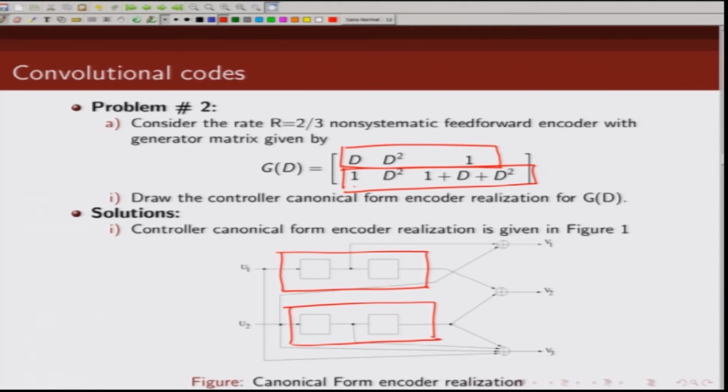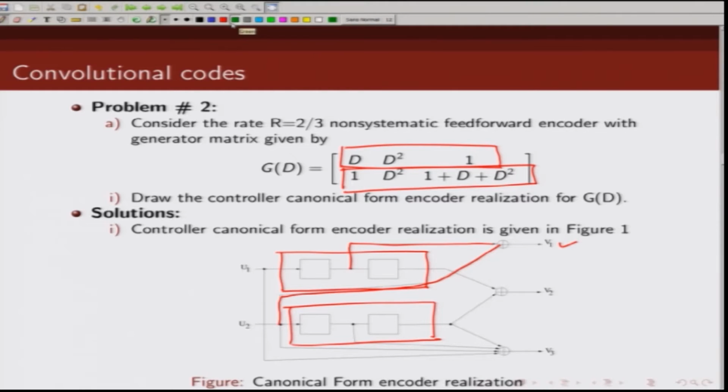Maximum memory element for the first one is 2, second one also 2, and we can see the first output is D times u1, which is this, plus u2 times this.